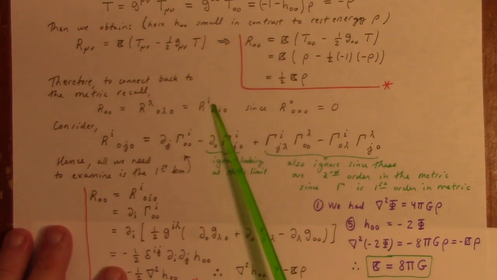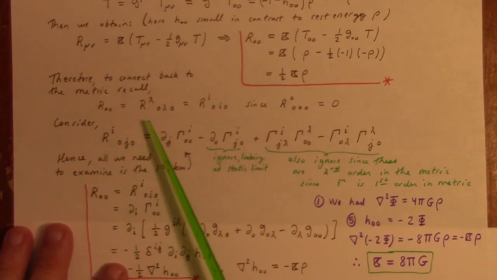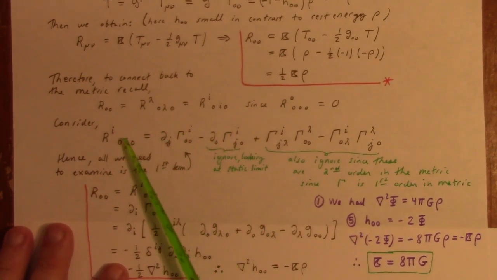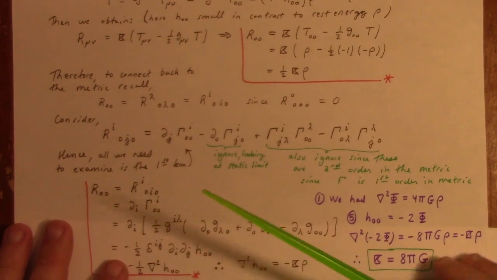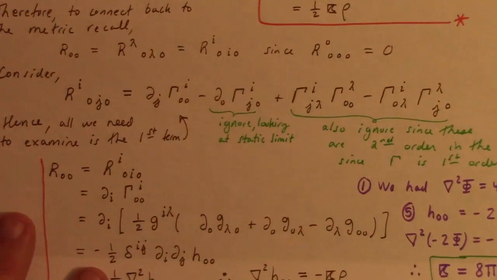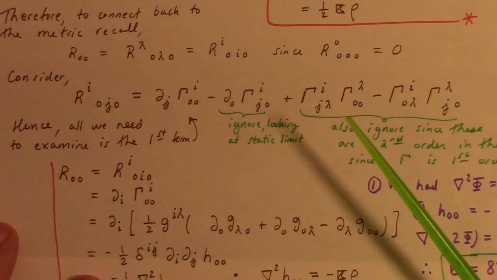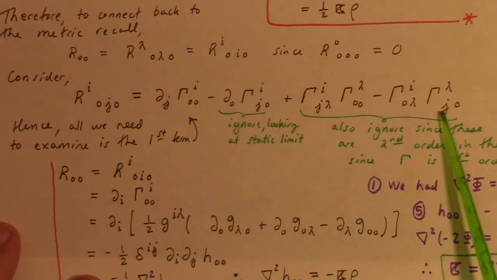But so contract over i. And before we contract over i, let's just look at what it means for i and j. Let me zoom in a bit here. So if we look at i and j, by definition, that's this.